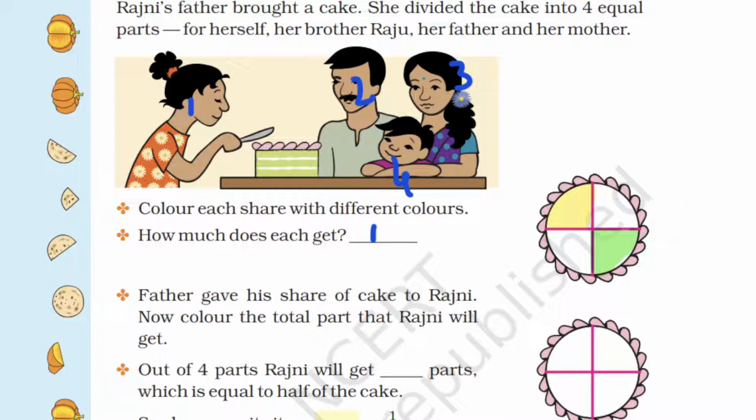The next one for mother, using a pink one. The pink is the border. Let me use the red one. Students, you can do it in your book very neatly. Use different color sketch pens or crayons, whichever you have. Okay, next one for father.